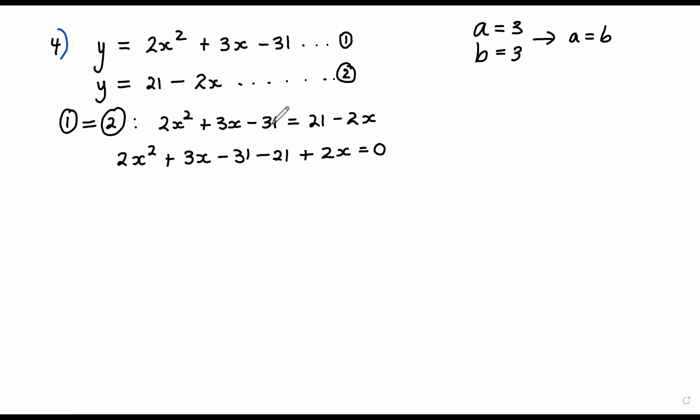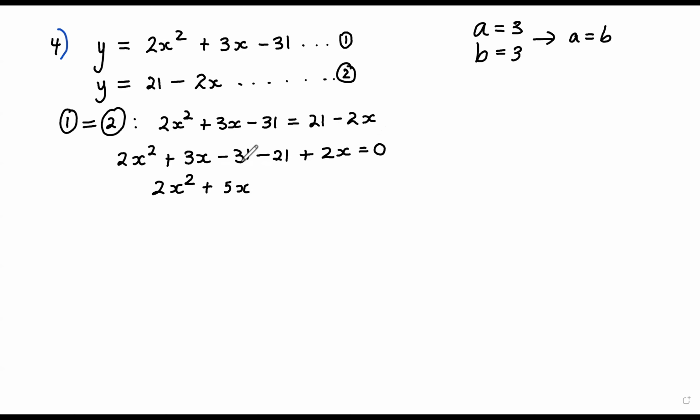I'm going to simplify my equation by grouping my like terms. So 2x squared is by itself, so it will just remain as 2x squared, since there is no other term in x squared. I have 3x, but I also have plus 2x. So I'll say 3x plus 2x, which gives me 5x.